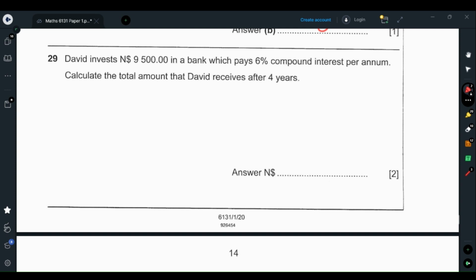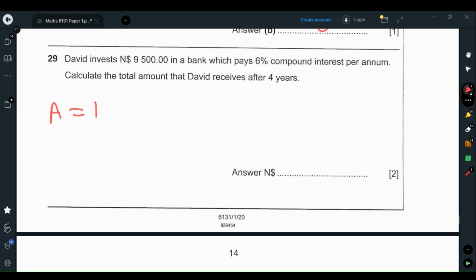Alright, we're looking at David invests 9,500 in a bank which pays 6% compound interest per annum. Calculate the total amount that David receives after 4 years. So in this case, we just need to use the formula.